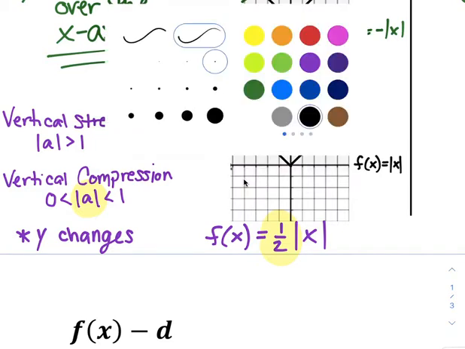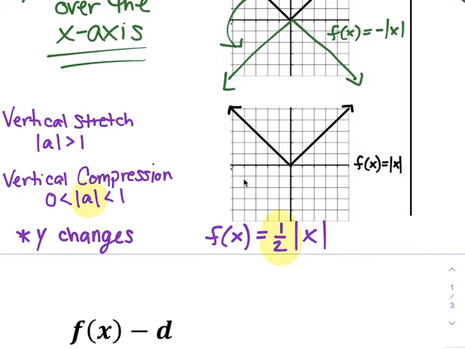Perfect. So if I think about compressing each of my y's, well, this one's at 4, this one's at 2, this one's at 1. So compressing it would look like this. I'm going to take the 4 down to a 2, the 2 down to a 1, and the 1 down to a 1/2. This is where my new line is. Okay?